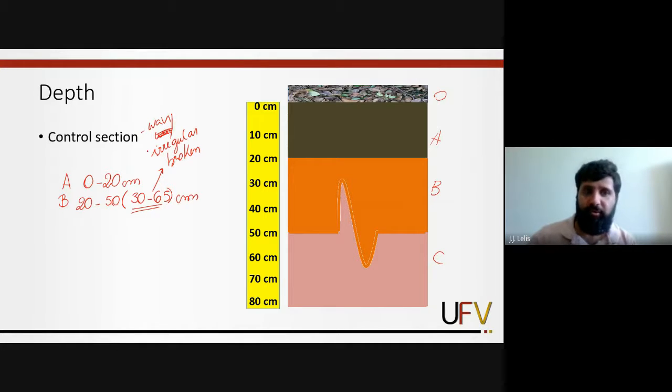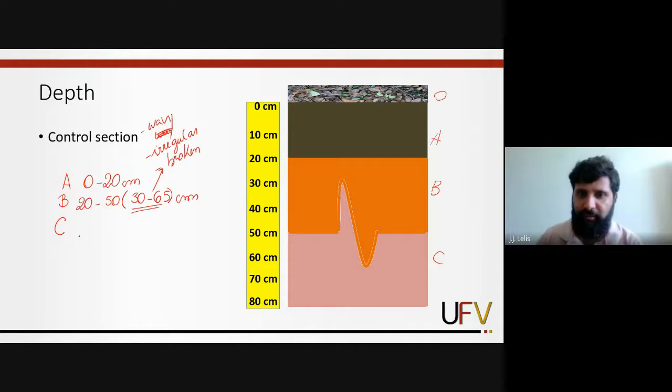It's just one of these three. I'm not sure which one, but I can see the description and okay, it's a wavy or irregular or broken transition. It's not a problem. But every time that I see this kind of note, I always know that we have one of these three transitions, okay?